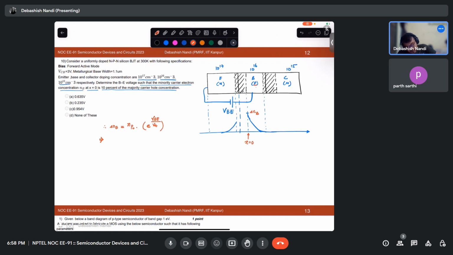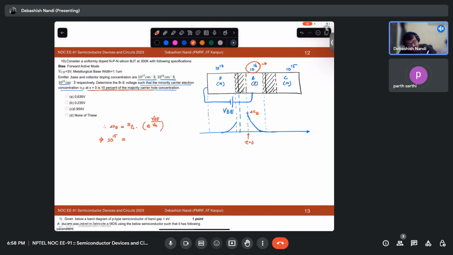So at x equal to 0 it is 10% of the majority carrier concentration. So what is the majority carrier concentration? This is the majority carrier concentration, right? And what is 10% of that? What is 10% of 10 raised to 16? It is 10 raised to 15.